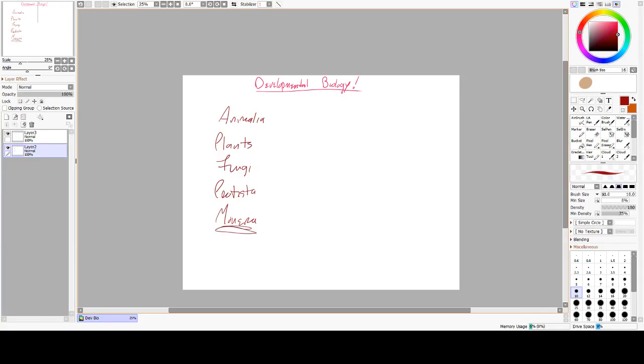Well, all of these are actually eukarya. These are all part of the eukaryotes, so we don't include bacteria in these.